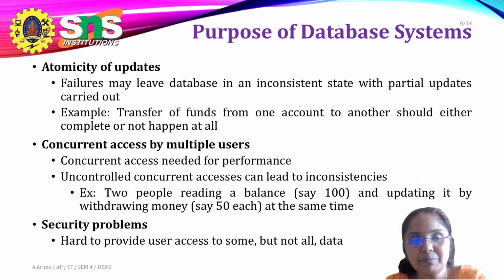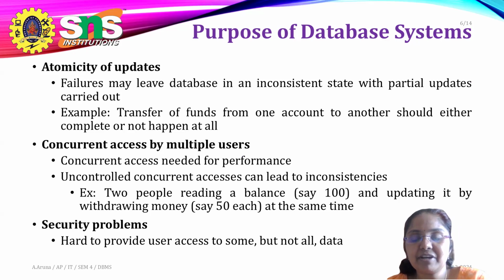The next thing is atomicity. Failure may leave the database in an inconsistent state with only particular updates carried out. For example, transferring funds from one account to another should either complete or not happen at all. If it stops in the intermediate stage, there will be a termination to stop the process, or it will send a notification.